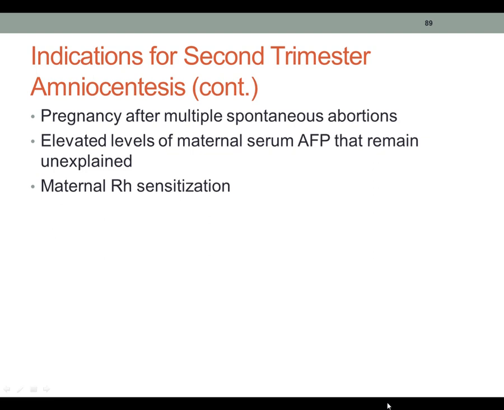And remember, that's when an RH negative mom has an RH positive baby, and she develops antibodies against that RH positive portion and could cause problems in the next pregnancy.